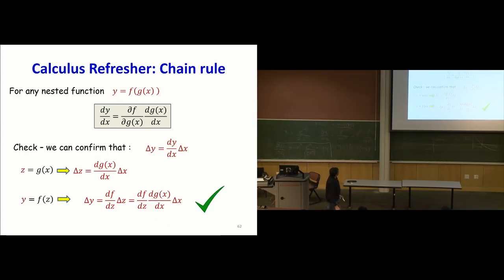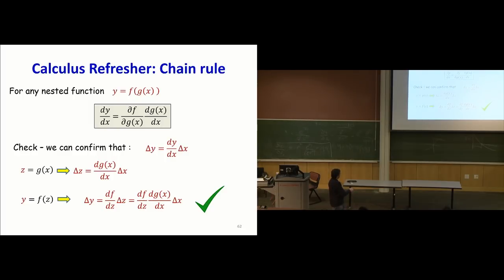Now let's say I have a nested function, y equals f of g of x. Let me break this function down. I can first write z equals g of x. Using the definition of derivative, delta z is going to be the derivative of g with respect to x times delta x.